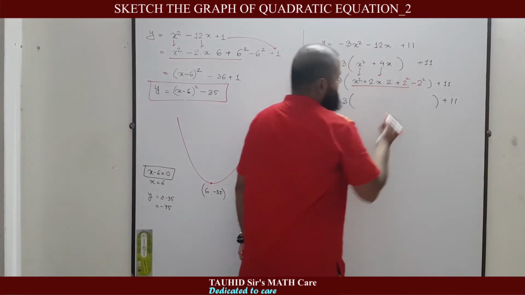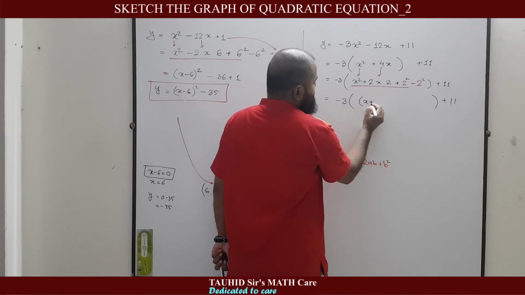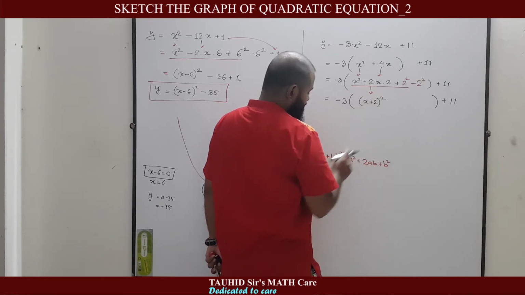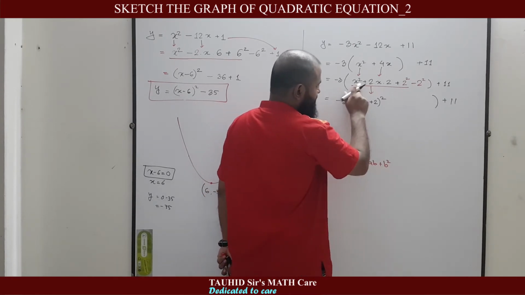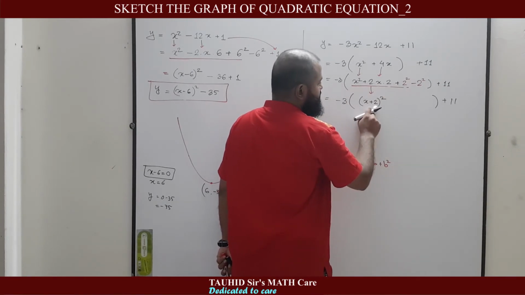Now see this portion. What can we write them? We can write them as x plus 2 whole square. Why? Because we all know that a plus b whole square equal to a square plus 2ab plus b square.